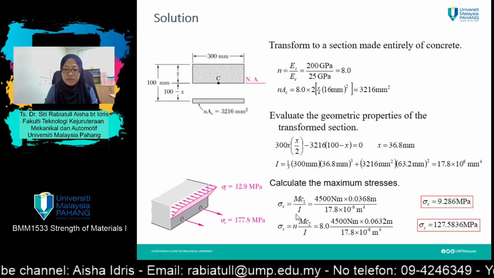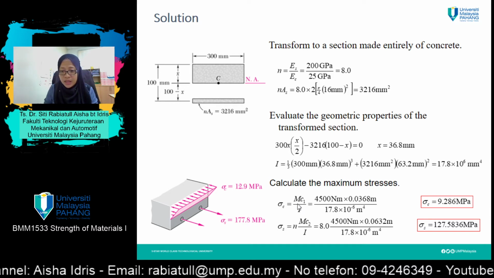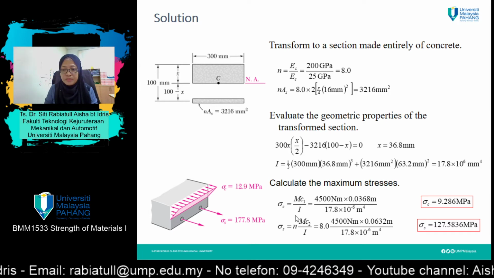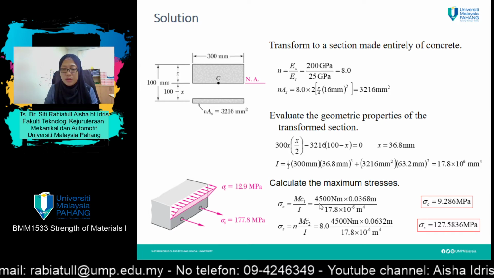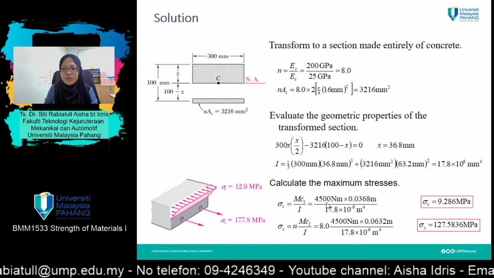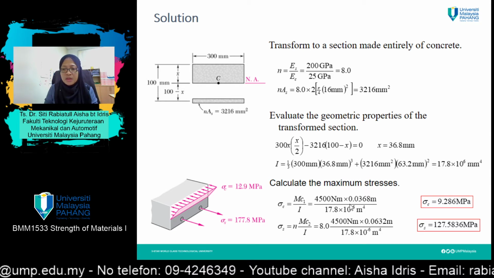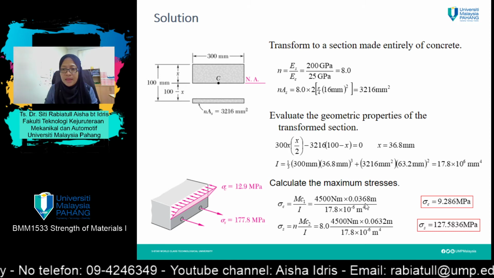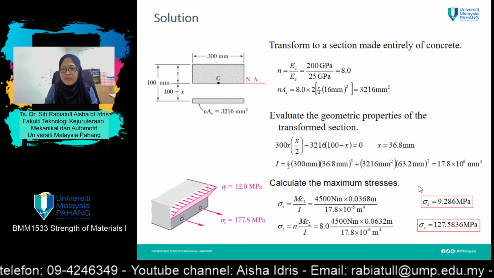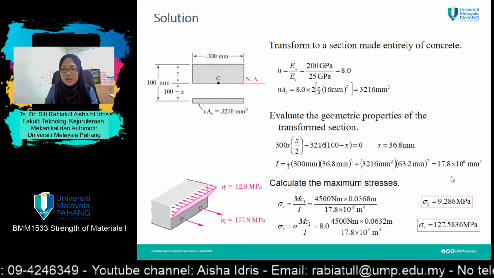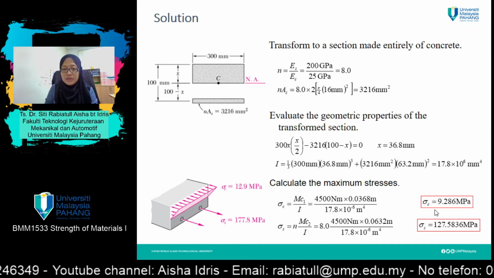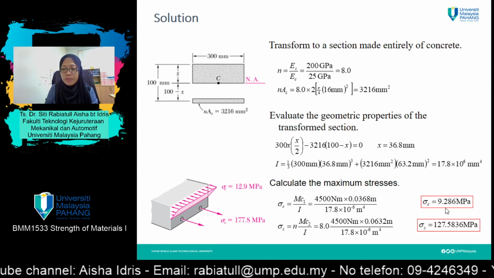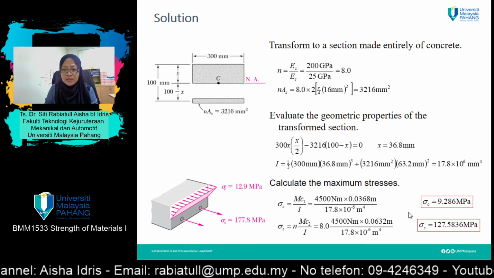After that, calculate the maximum value of stresses. For concrete, sigma equals My over I, which is 4500 Newton meter times 0.0368 divided by the moment of inertia that we have calculated. So we get sigma for concrete as 9.286 megapascal.